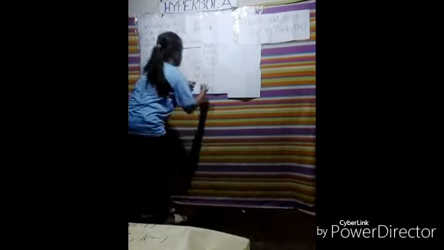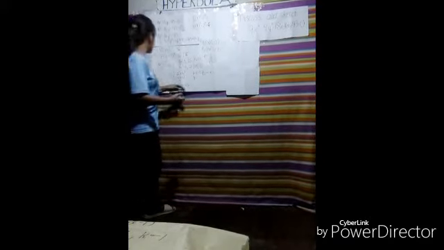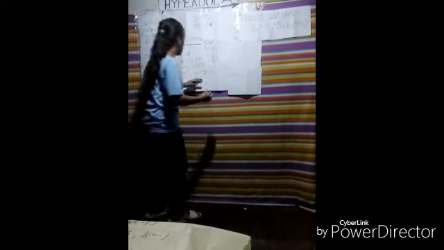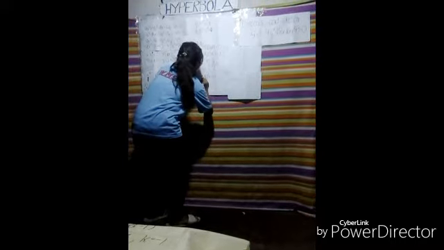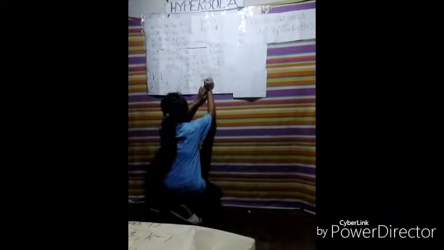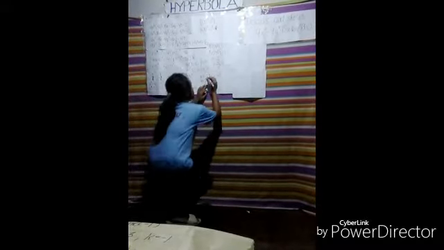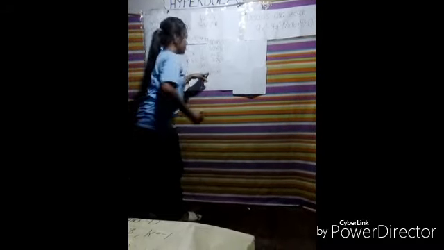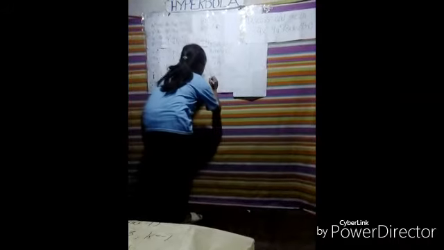Our k here is negative 2, so it becomes y plus 2. Then our b is 3.